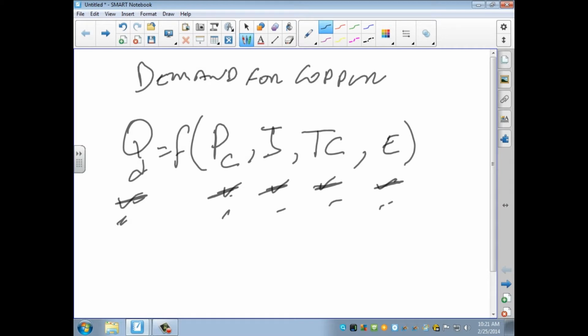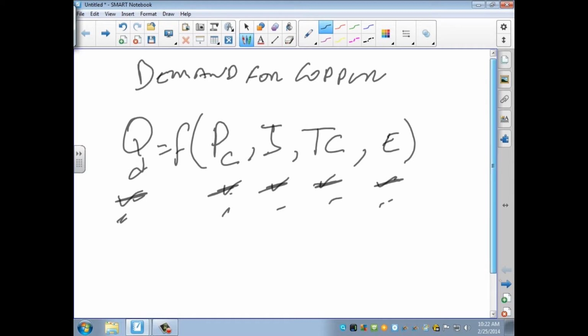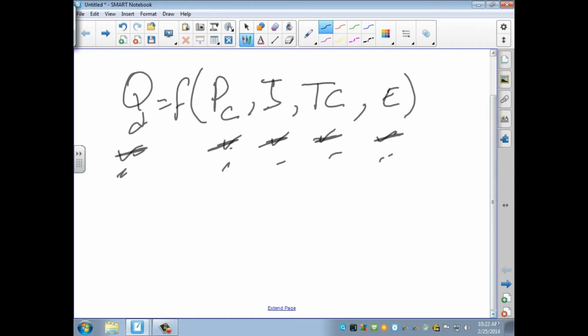So you collect data for a year, monthly data, weekly data, for a year or two, and feed it to a computer, and that would give you the coefficients of each one of these variables. Let's assume we did that, and we came up with this function.